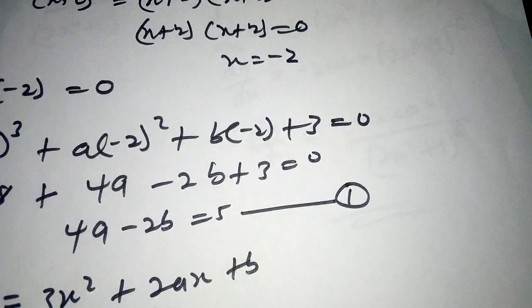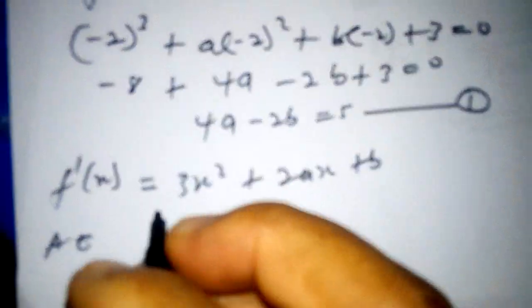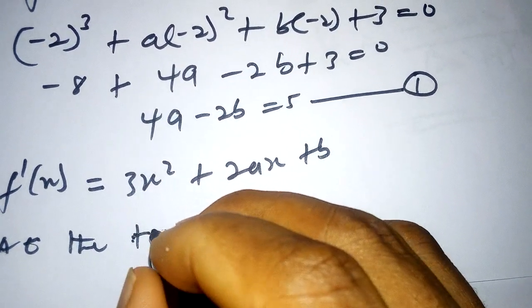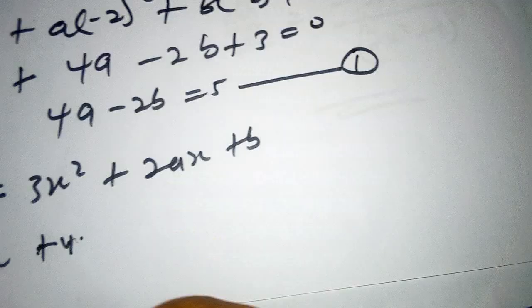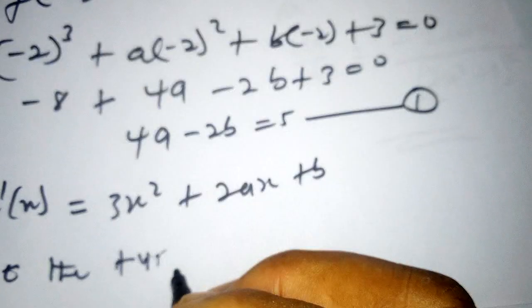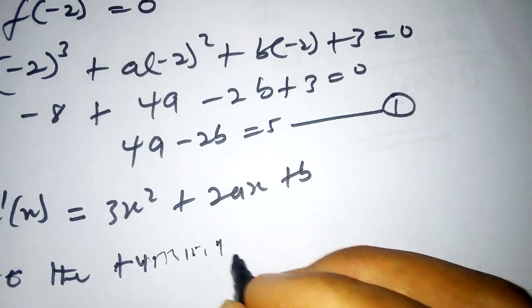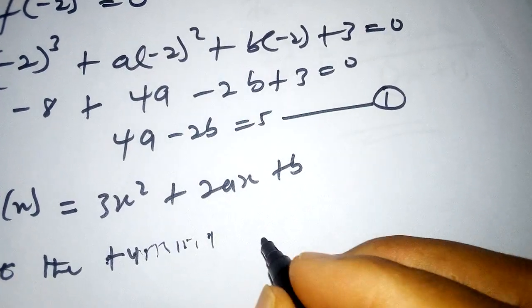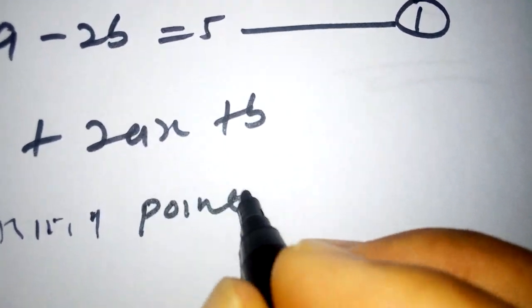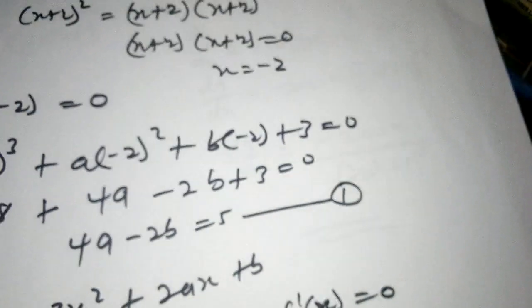And I know that at the turning point, f prime of x should be equal to 0. So that's what that means.